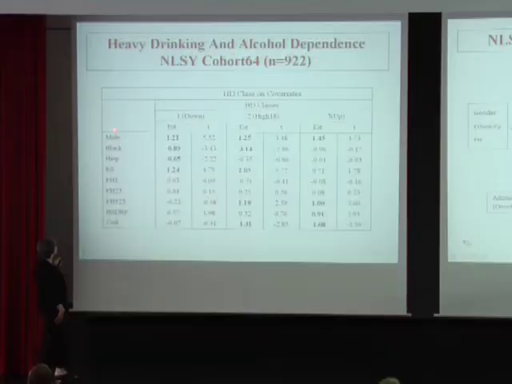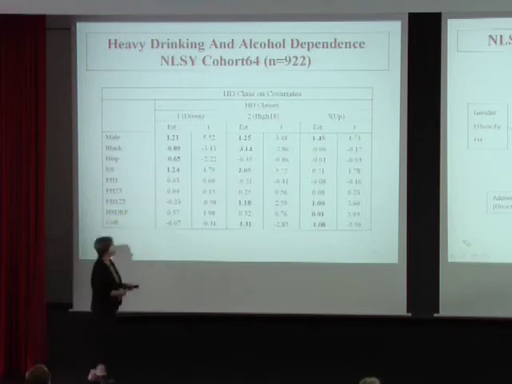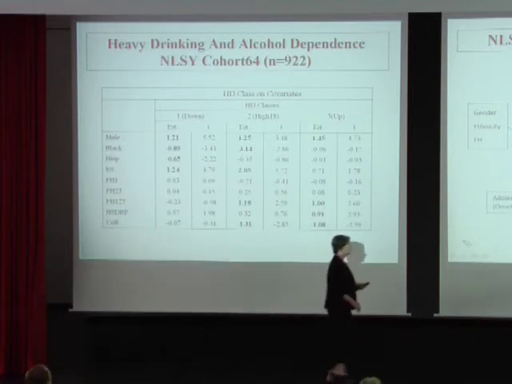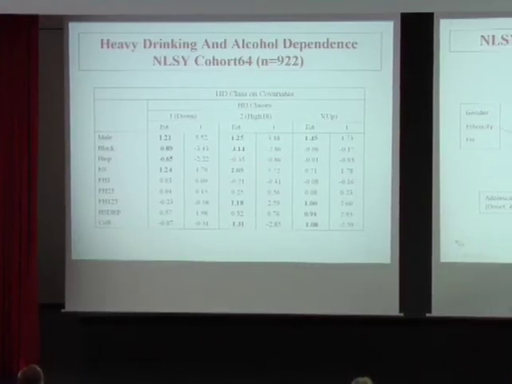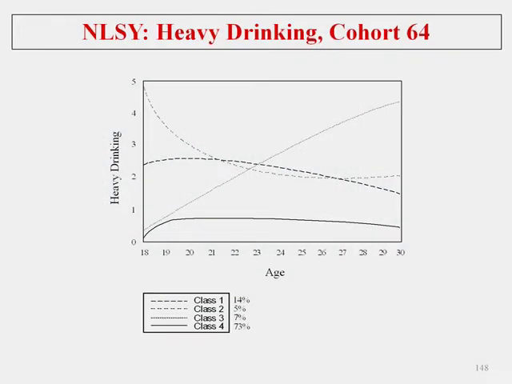In the rows, the column here has the names of the variables: male, black, Hispanic, early start of drinking, and then we have 3 family history variables, high school dropout, and expectations of going to college. Let me put the classes back over here. Okay, so we have the up class.